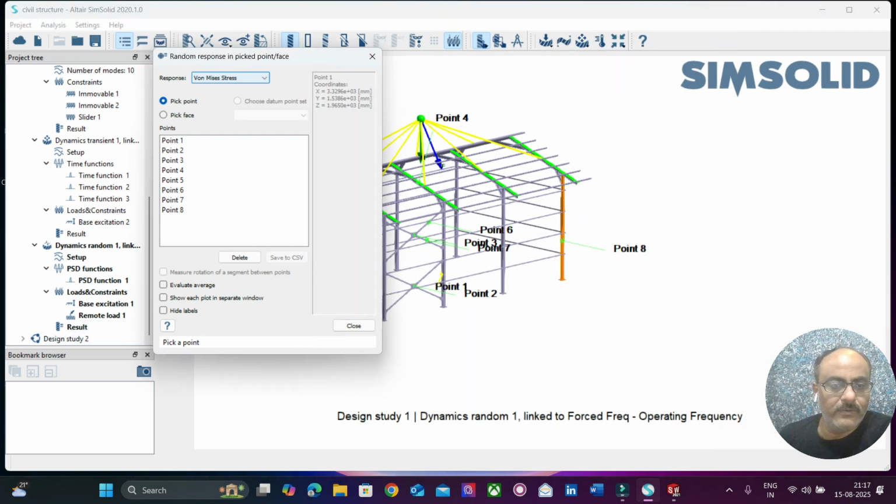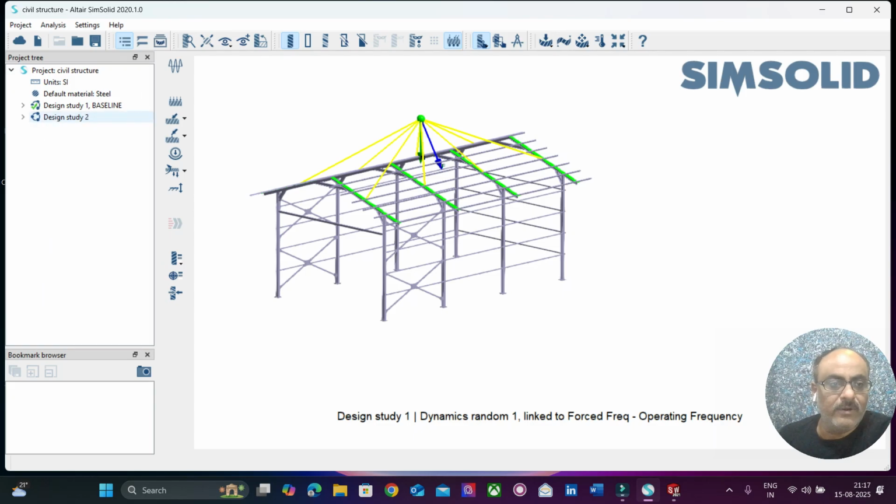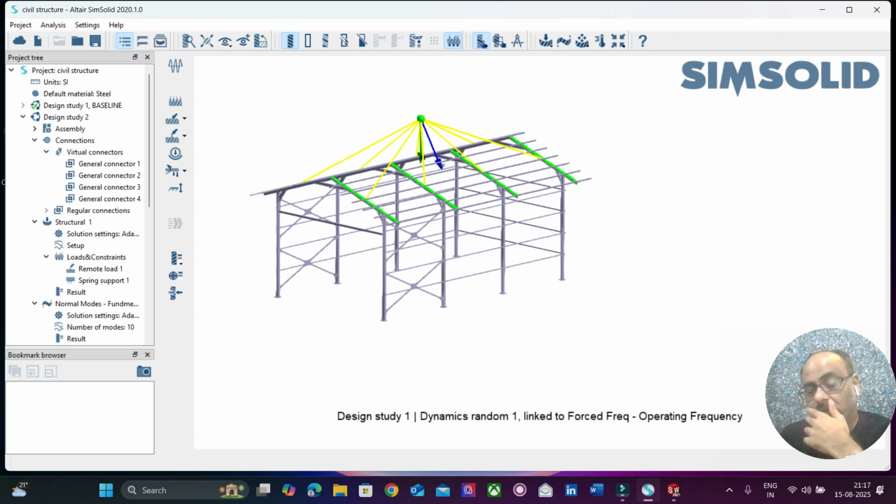Now we get into the second design study. In the second design study, we have braced the whole structure and filled it up with plates, which means there is a roof bolted onto the rooftop of the structure.